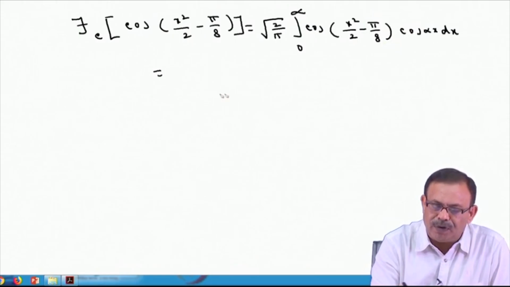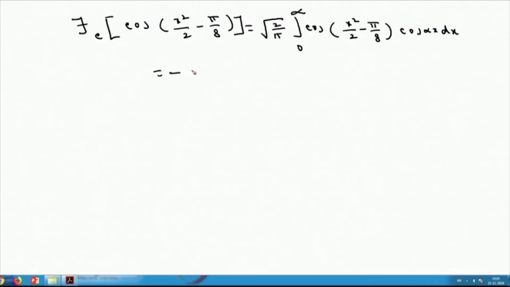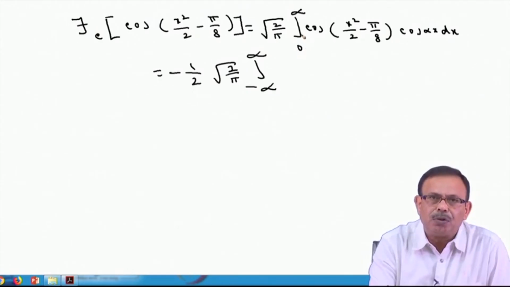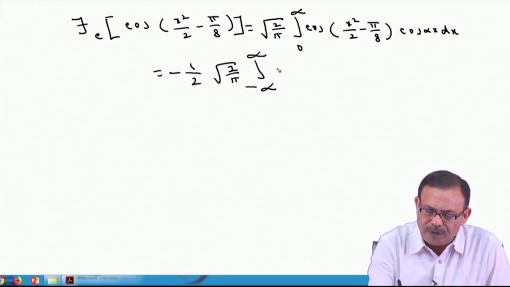Since it is an even function, I can bring 1 by 2 here, so that the limit of integration I can change from 0 to infinity to minus infinity to infinity, and this is possible only because the function is an even function.